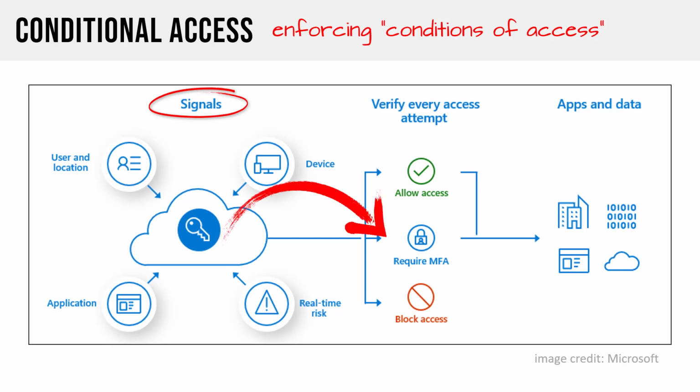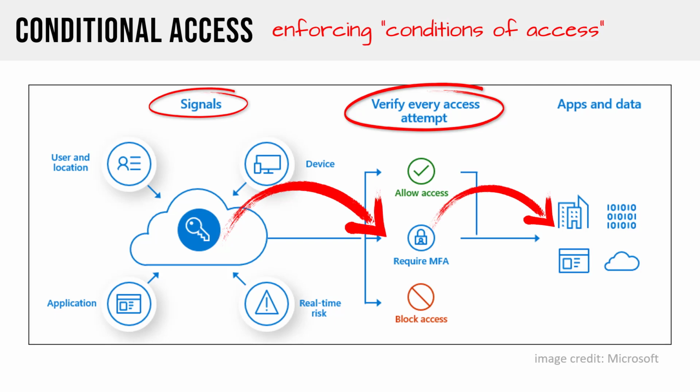And then we can make a decision here, verifying every attempt, potentially requiring multi-factor authentication, for example, if risk is elevated, or potentially even blocking access if risk is high enough, or if everything checks out in those signals, making the decision to go ahead and allow access and enforcing that access decision, whatever it is, for or against.